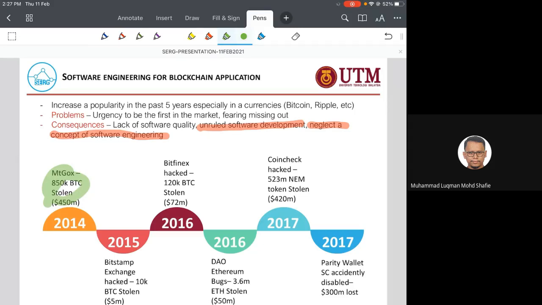So all the problems here occur at the application level. For example, Parity Wallet was accidentally disabled and then 300 million was lost. This one you can check.